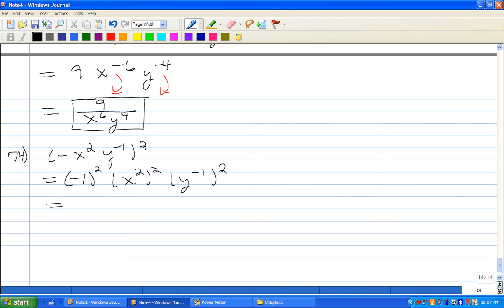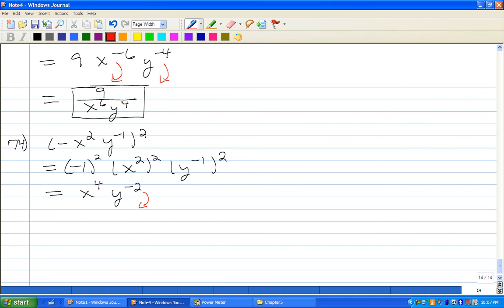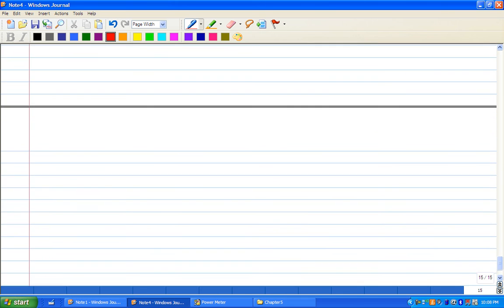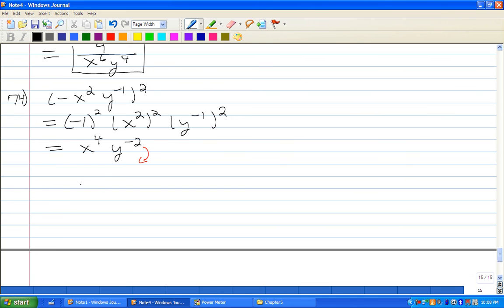Negative 1 squared is 1. X squared squared, well, 2 times 2 is 4. Y to the negative 1 squared, negative 1 times 2 is negative 2. I have a negative exponent, so let me bring this from the numerator to the denominator. And so I have here x to the 4th over y squared. And that is my answer.